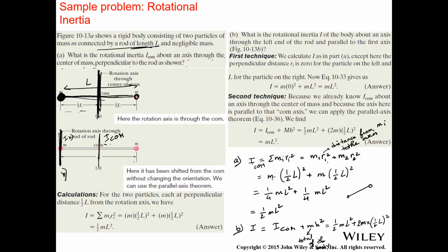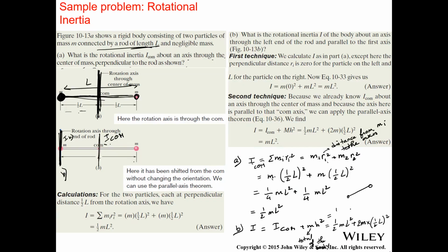Makes sense? And this is going to be equal to half ml squared plus ml squared. Actually, this is going to be a quarter, so no, I added this incorrectly.